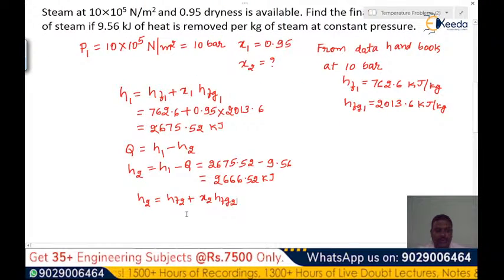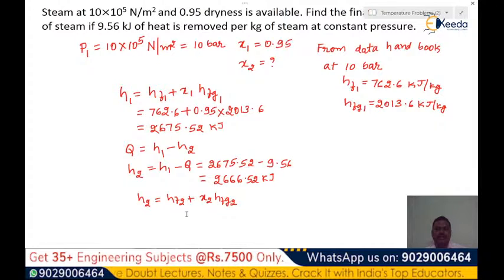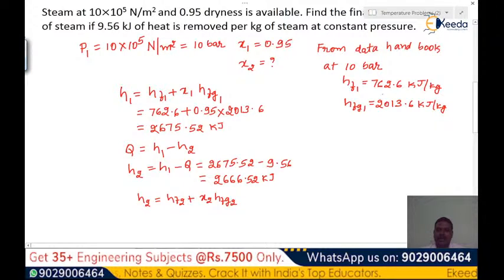HF2 and HFG2 are same as HF1 and HFG1, as it is happening at constant pressure. Since it is happening at constant pressure, HF2 is equal to HF1 and HFG2 is equal to HFG1.